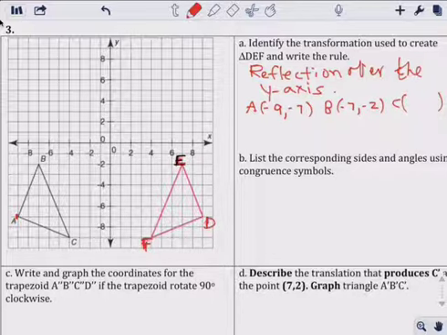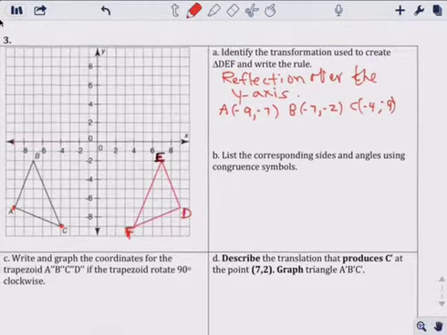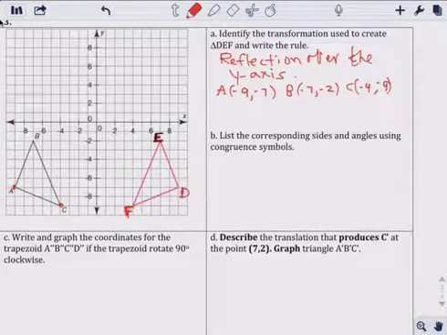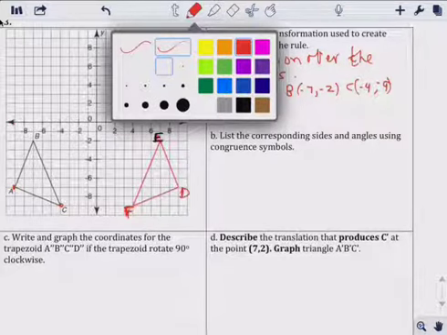C is -4, -9. Double check. -9 for A. Alright. Now, I believe I got all the numbers for the original, the pre-image. We call it pre-image in math.